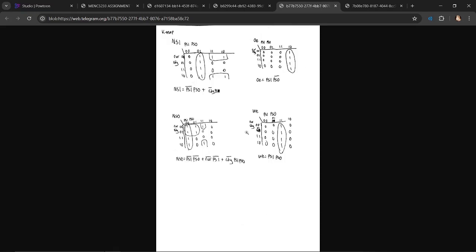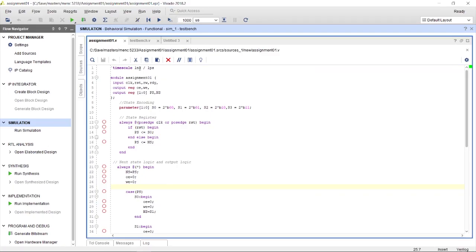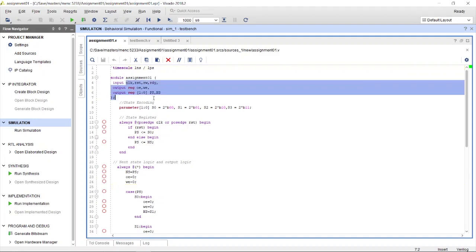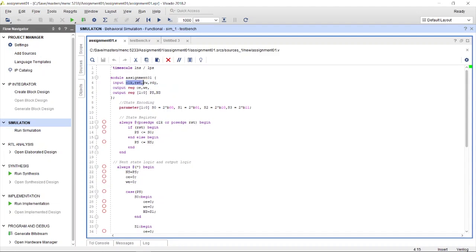Right now we can move on to the Verilog. This is what I came up with to test the schematic. This is just to declare the inputs and outputs. Inputs are clock, reset, RW and RDY, and the outputs that we want to measure are two: OE and WE.